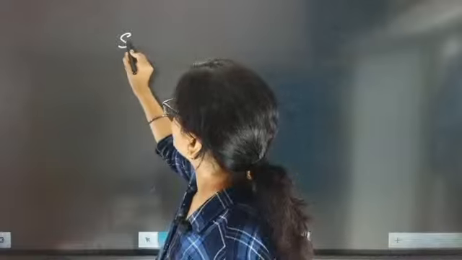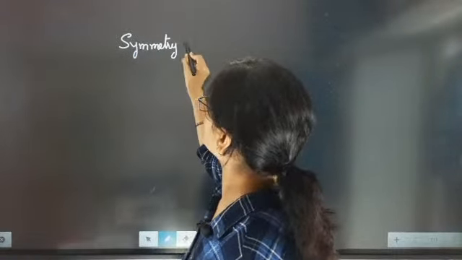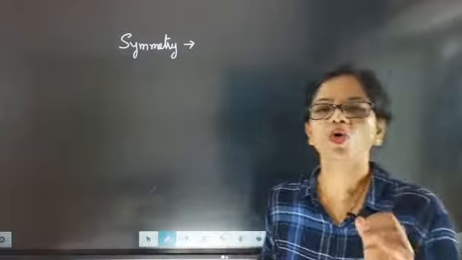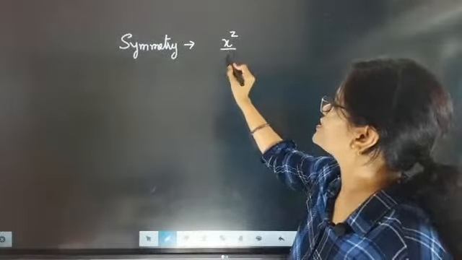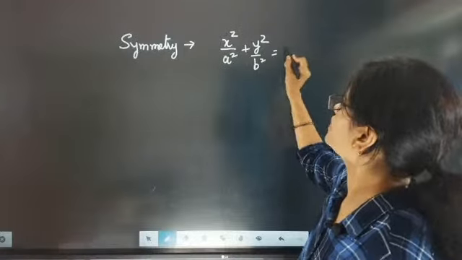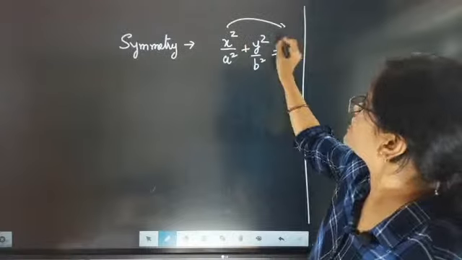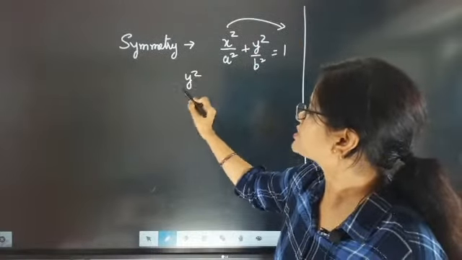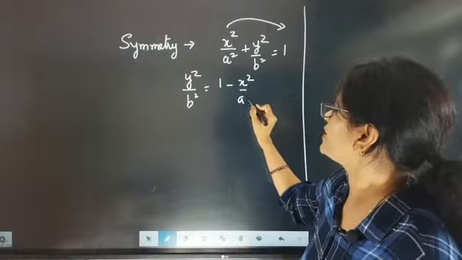So now the next section we are going to understand is about symmetry. Symmetry is that part from where questions will be coming. So what is symmetry? Now you know the equation of ellipse as x square by a square plus y square by b square equal to 1. I'm shifting this one this side. So now y square by b square equal to 1 minus x square by a square.